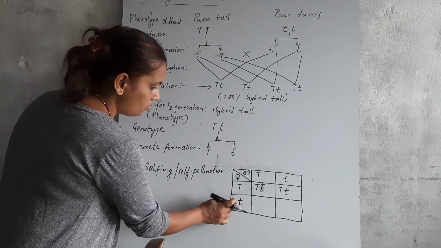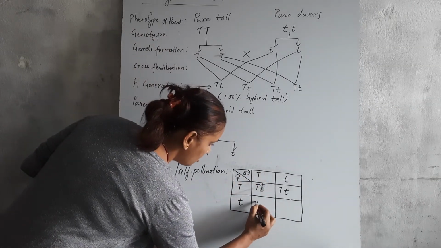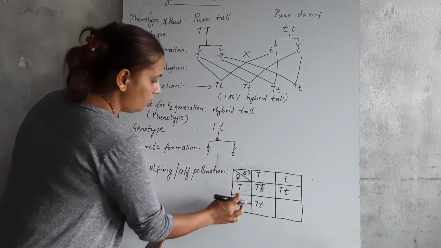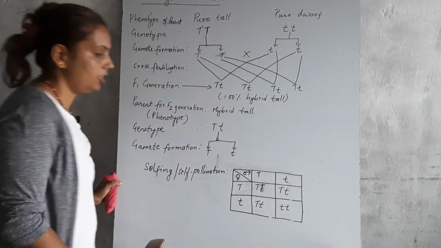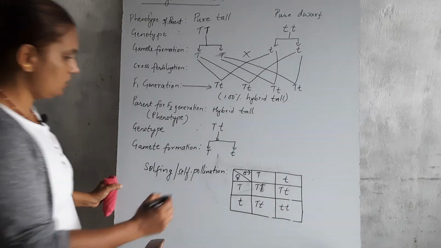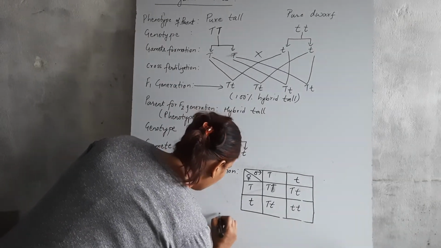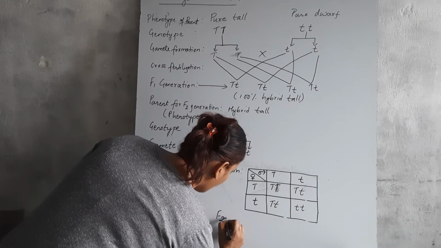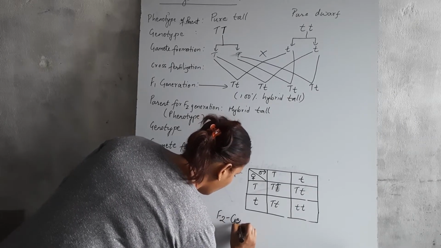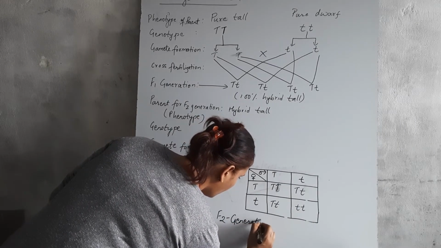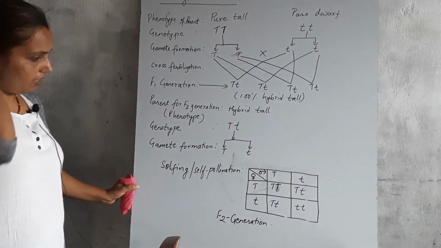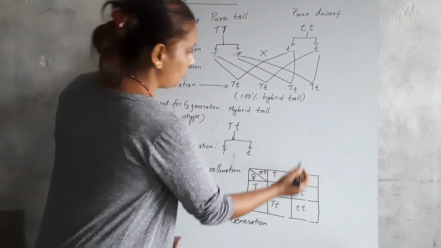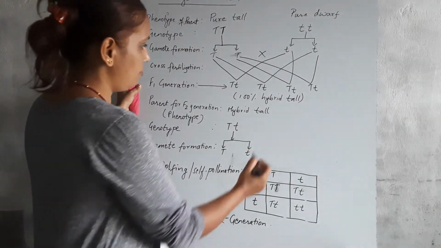Cross between small t and capital T gives capital T small t, and cross between these two gives small t small t. So this is the F2 generation offspring. Now here we can obtain the result of the F2 generation.